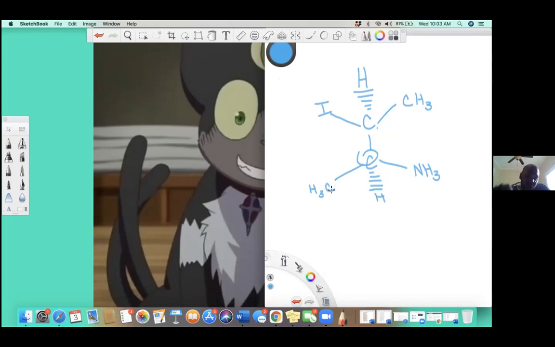When you compare those two carbons, that bottom carbon is bonded to hydrogen, and the other carbon up top is bonded to iodine. So the top group is going to have a higher priority than the CH3.